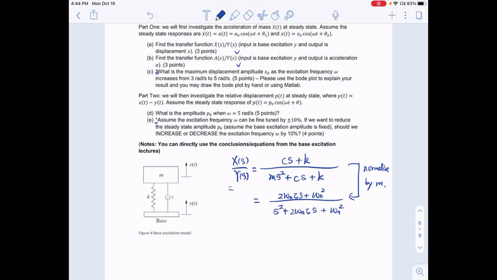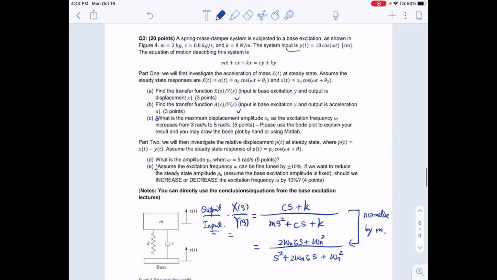So as I said, the reason why we need to find the Bode plot or transfer function is we want to use it to analyze steady state response. So your transfer function has output over input. Input is usually given in the problem. In this case, our input is the base displacement.